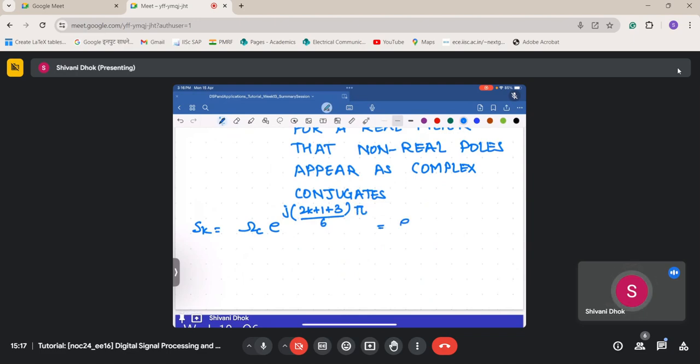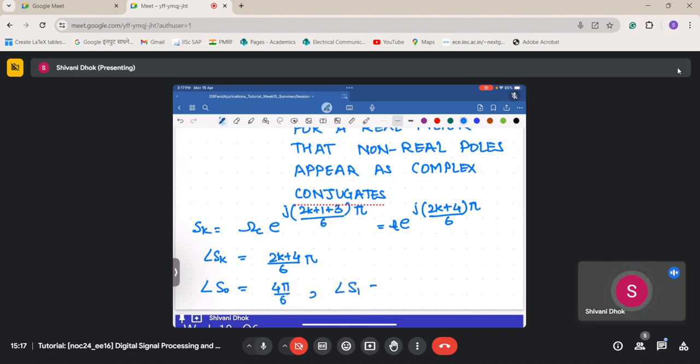So this is equal to e power j (2k plus 4) pi by 6, times omega c. So the angle of s_k is (2k plus 4) by 6 pi. So the angle of S0 is 4 pi by 6.